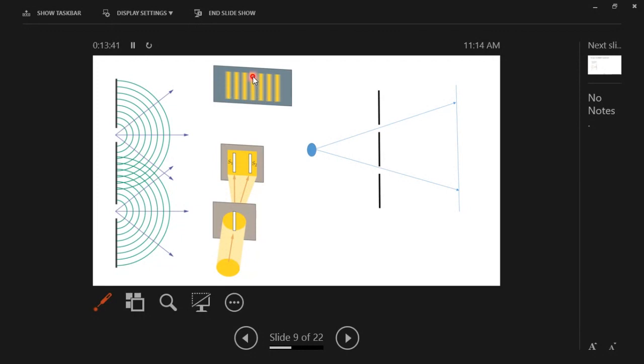You can say at the locations that I have a bright fringe, the two light rays coming from S1 and S2, these two slits, interfered constructively, and for those dark fringes like this and this, the two light rays coming from these two slits interfered destructively. So let's see if we can formulate this.